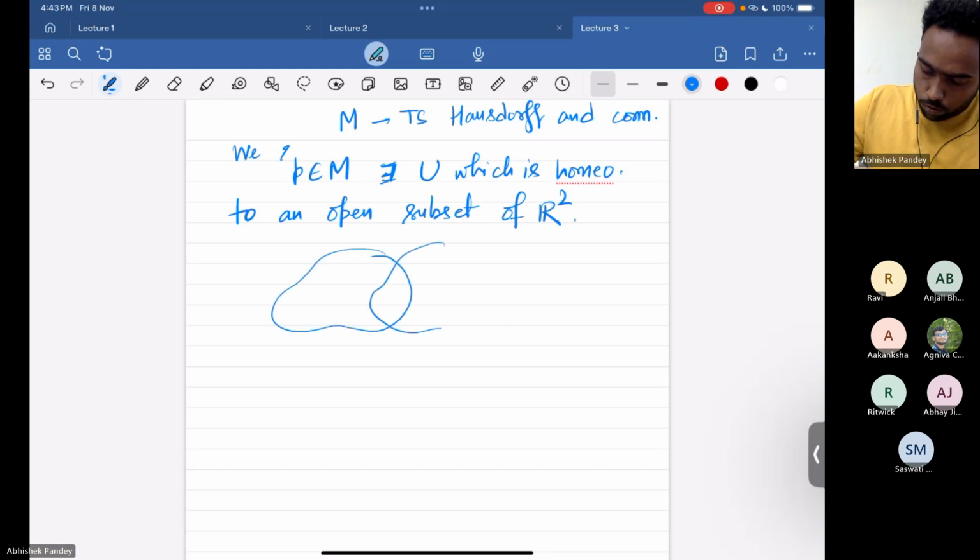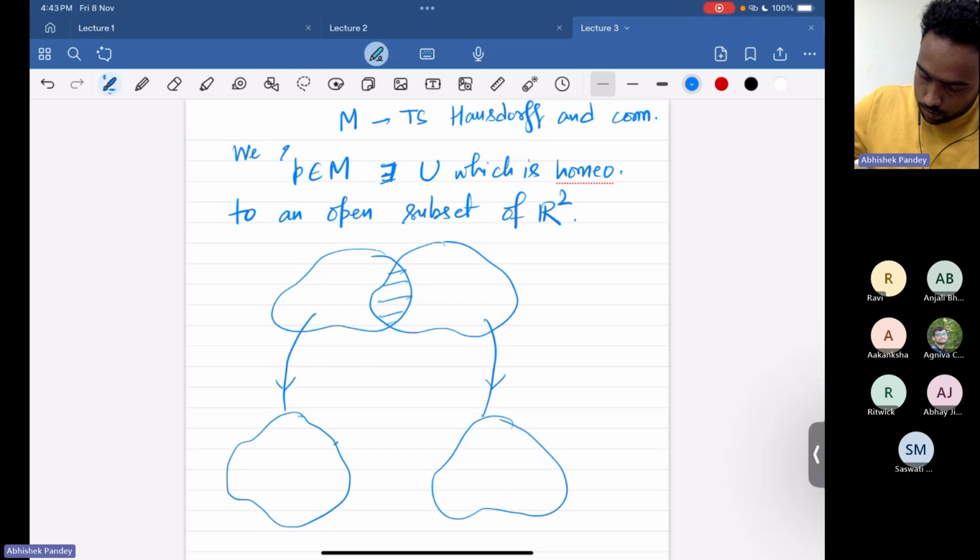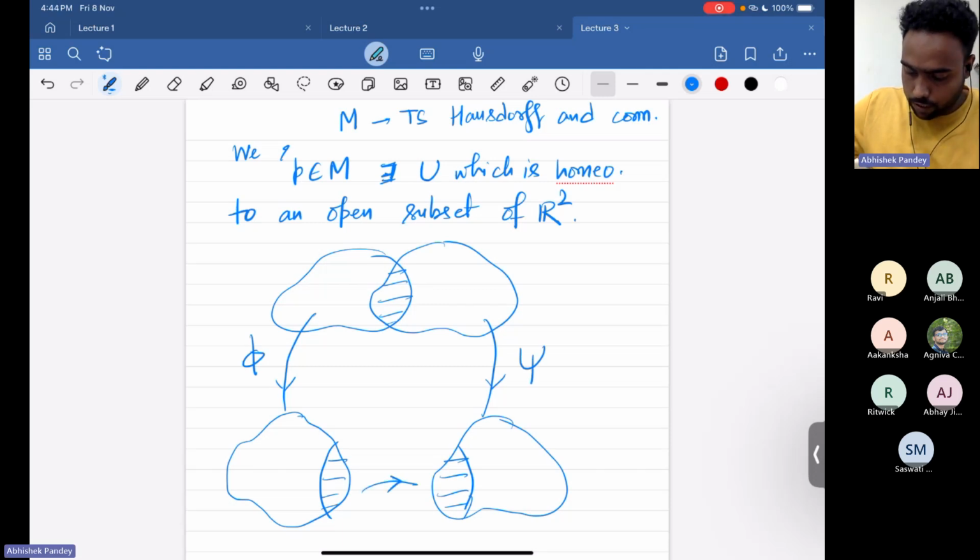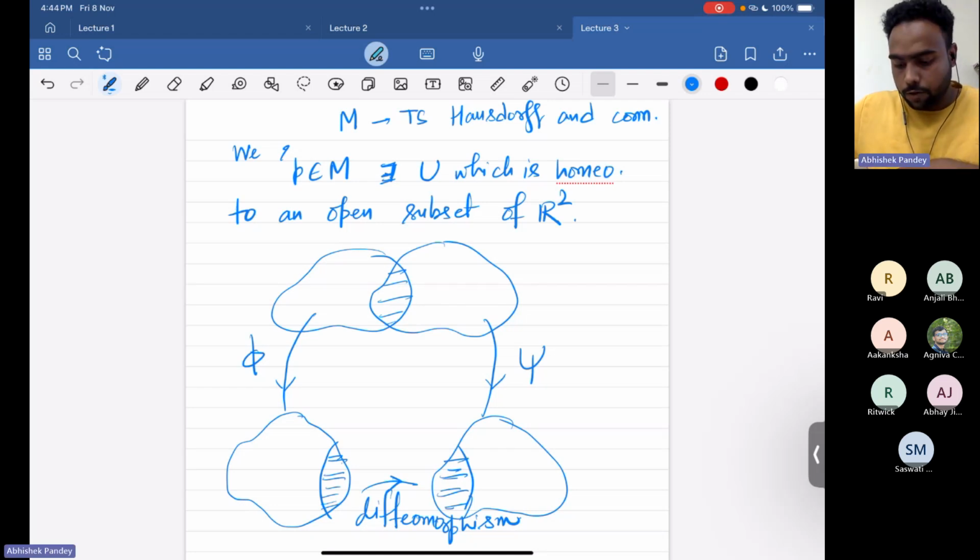If we have intersecting patches in charts, mapped by, let us say, phi and psi, then wherever it is defined, the transition map of phi and psi has to be a diffeomorphism. So if you take one chart and another chart, and they are intersecting, these maps are diffeomorphisms. So we don't have any problem in that one.